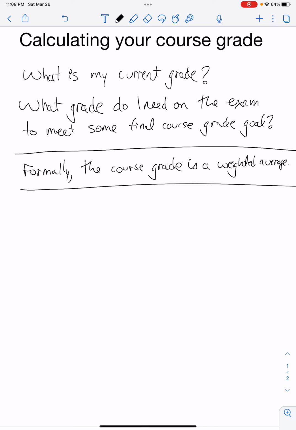Formally, the course grade is a weighted average. So what does that mean? Well, let's say that we have a course where the exam is worth 50%. That's quite a hefty amount, but this is going to be a simple case, and this happens quite often in upper year courses. So let's say you've got an exam with 50%, you've got a midterm test, so there's just one test, and that'll be worth like 30%.